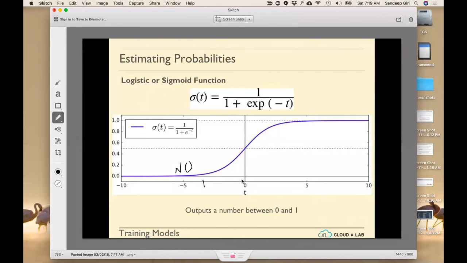Let's say we came up with some model in which we are computing theta dot x, which means all the weights we have computed, and given the value of x, we are computing y. Meaning given all the weights and all the values of the features, we are computing the value of the target label, right?